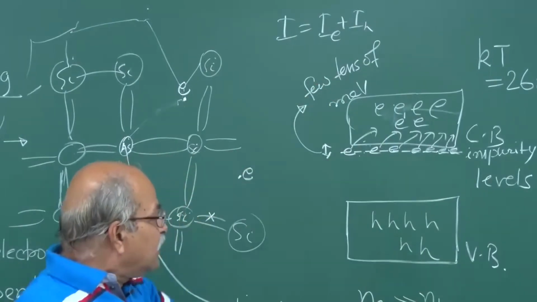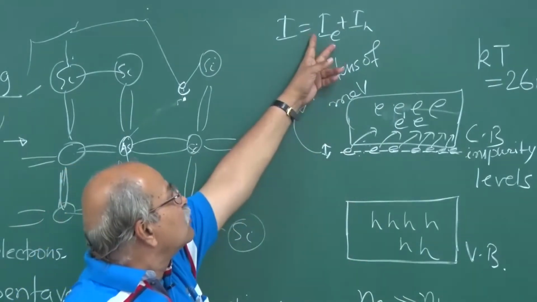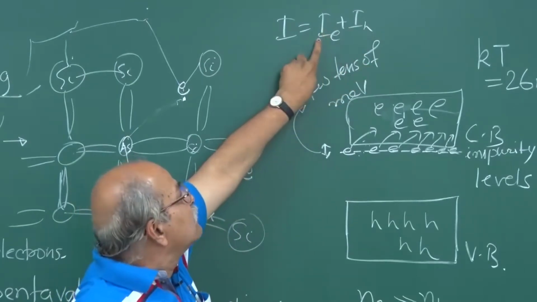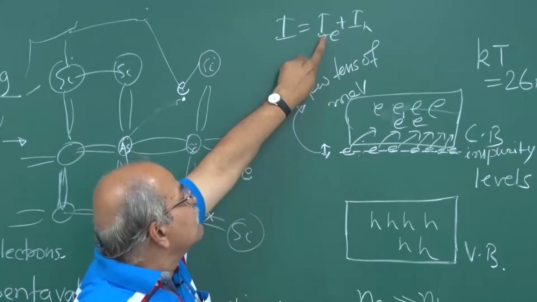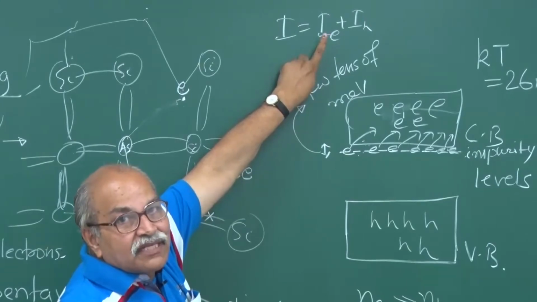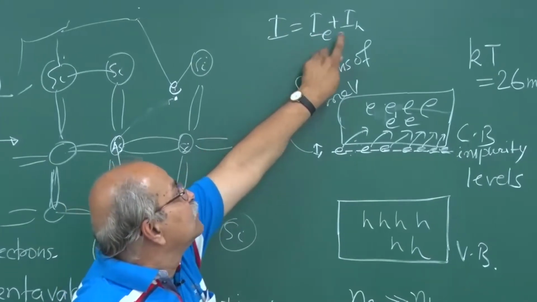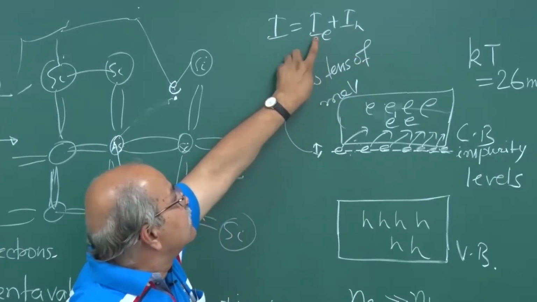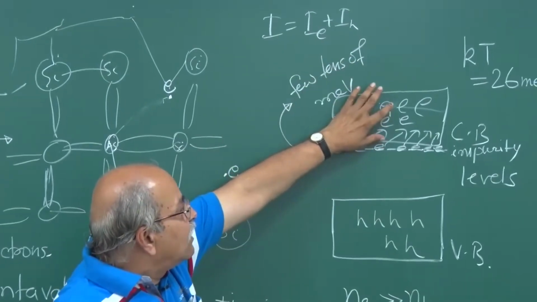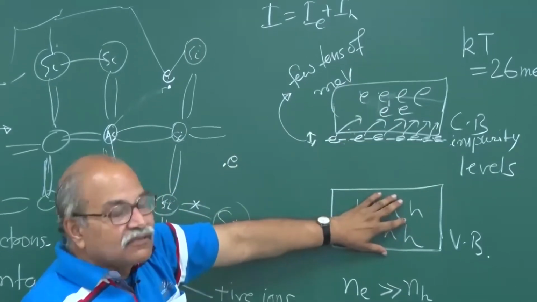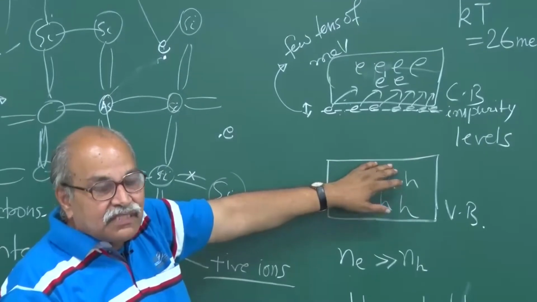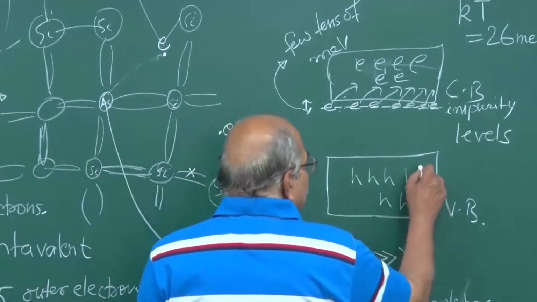Now in this kind of doping, this contribution to current because of conduction electrons is much more as compared to the contribution from these holes.